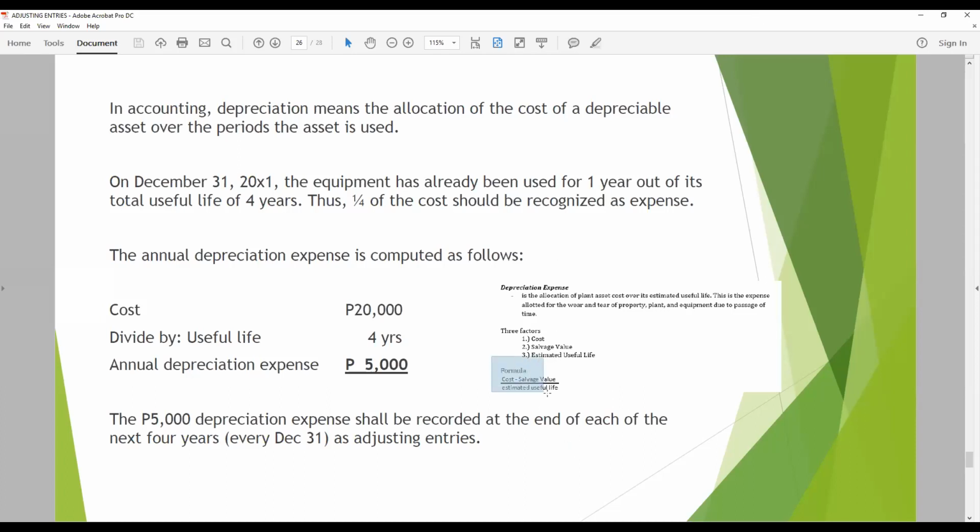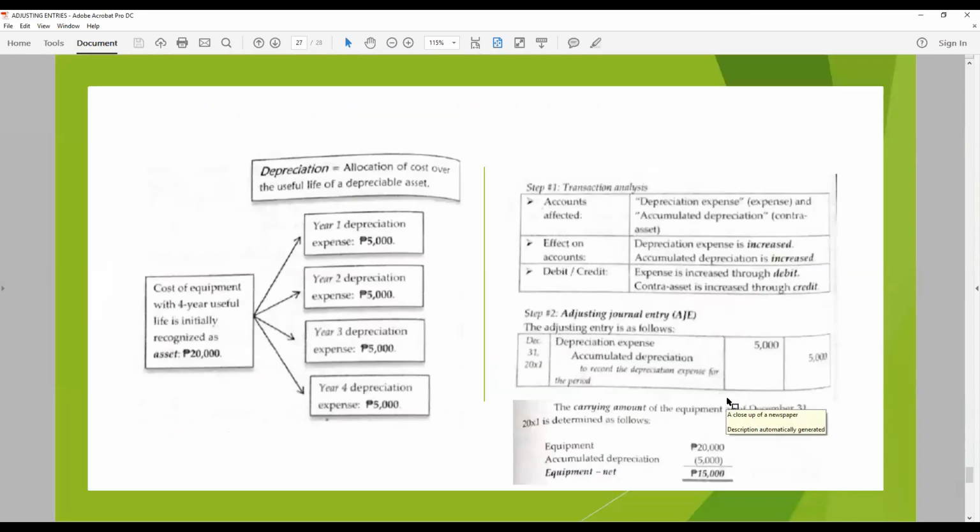So, ito, tandaan nyo yung formula ng depreciation. Pag given sa problem, yung salvage value or scrap value, i-deduct nyo siya sa cost. Huwag nyo siyang isama sa computation ng depreciation. So, cost minus salvage value over useful life. Yan yung computation ng depreciation.